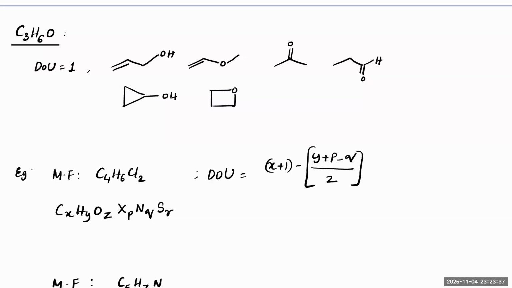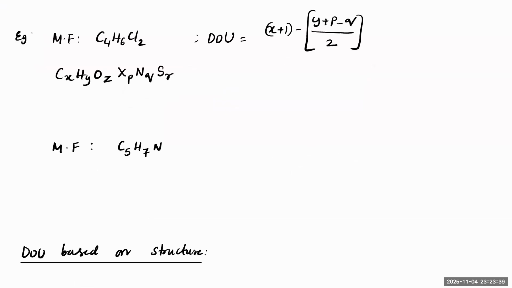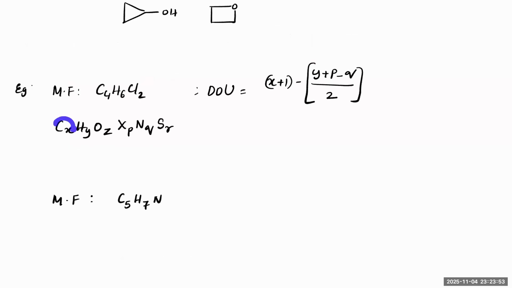Now, as a generic formula, suppose I am given CxHyOzXpNqZr, like that, never ending, as many groups as you can have. Then how do we find the degree of unsaturation? See, the formula is simple. If you have x carbons, make sure you add 1 to it.